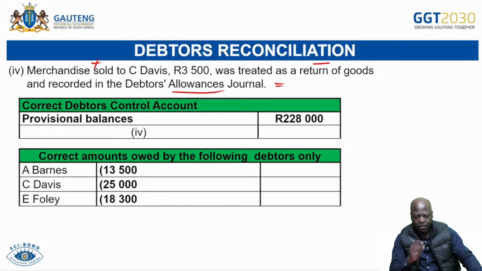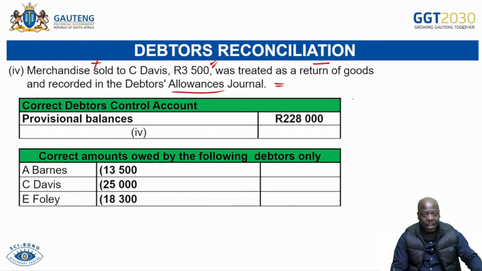But how do we do this? Remember, it is merchandise sold, which should have been a plus 3.5, but we recorded it as a minus 3.5. So the correct way is to say plus 3.5, but twice. We come to C Davis and say we subtracted 3.5 that we should have added. So we say plus 3.5, then again another plus 3.5.